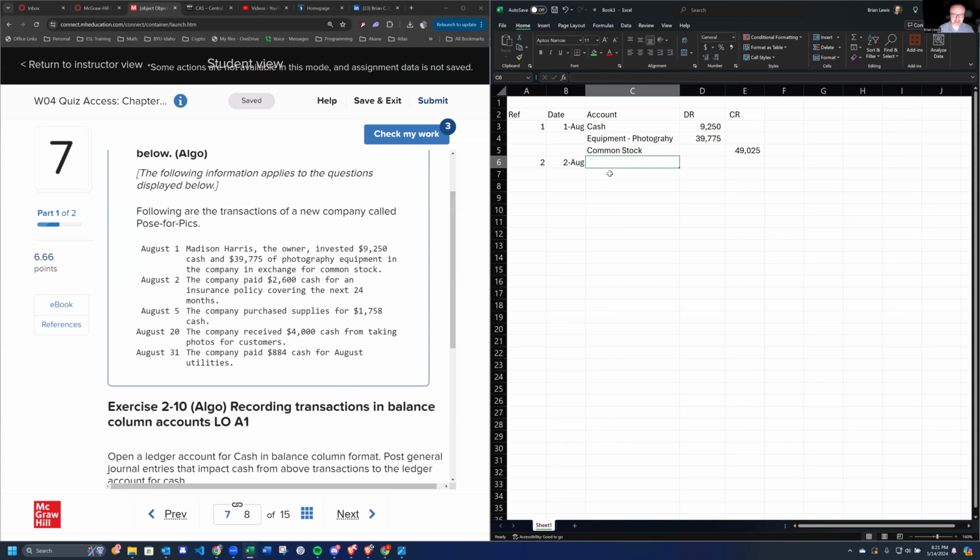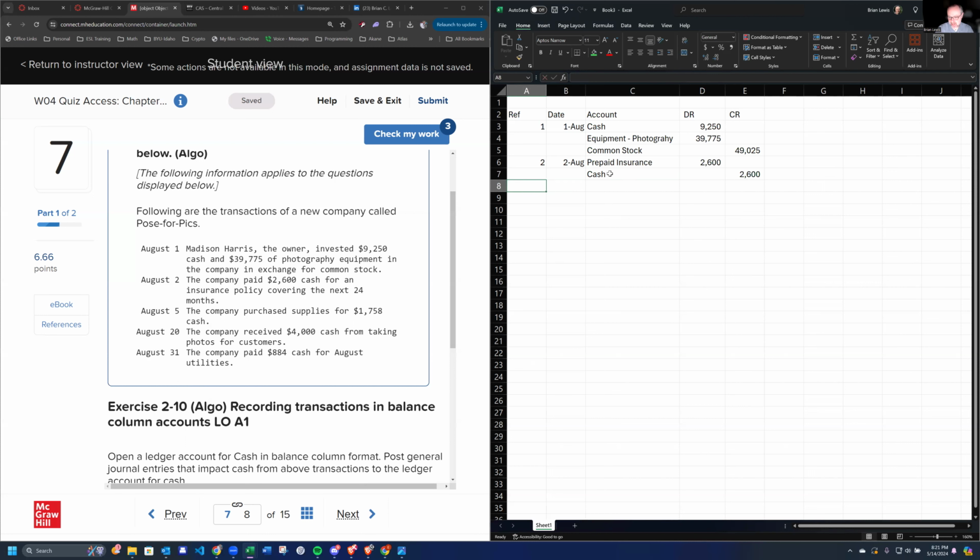Increasing prepaid insurance is a normal debit balance, so we want to make sure that's the first one. Prepaid insurance is our first item, and that's $2,600. Then we're going to take it out of cash, so that's a decrease to cash, a credit for $2,600.